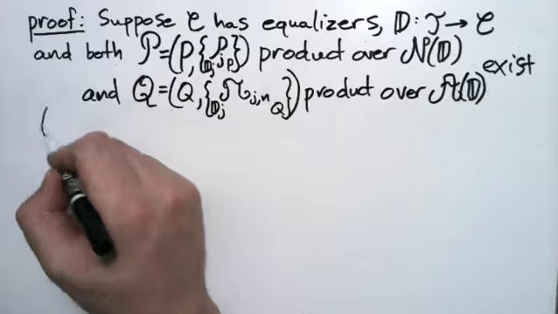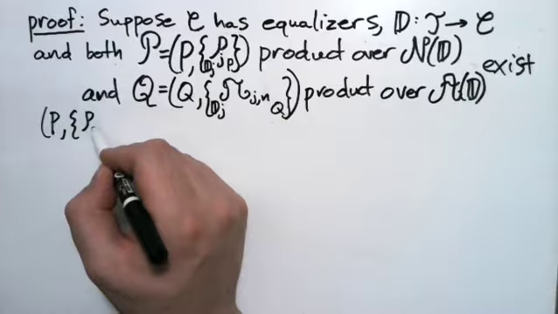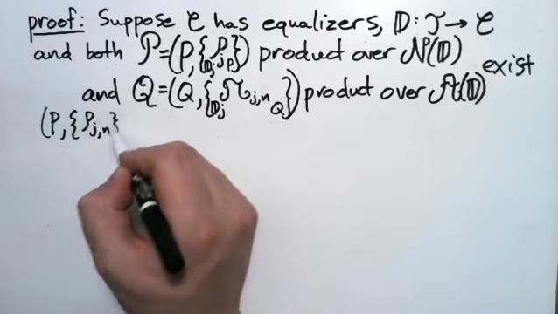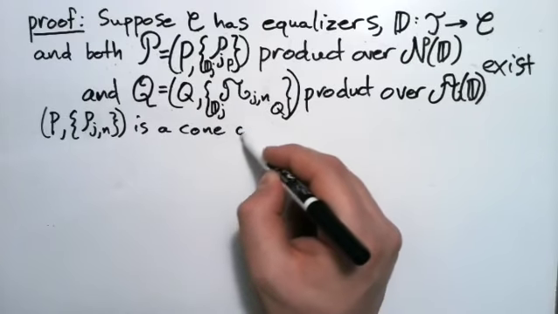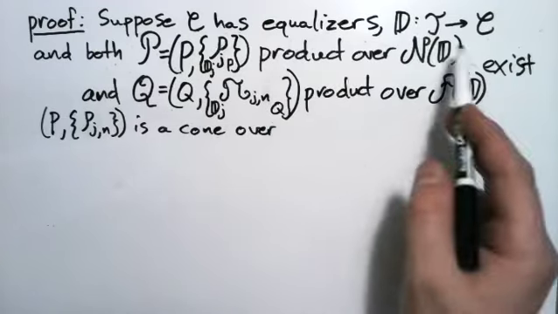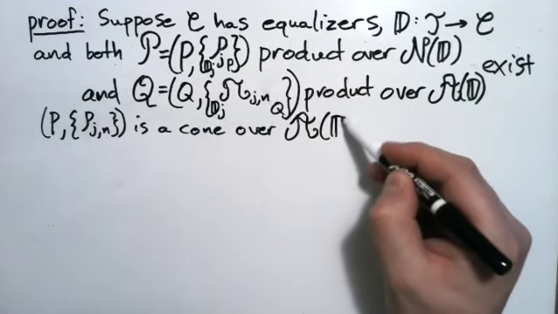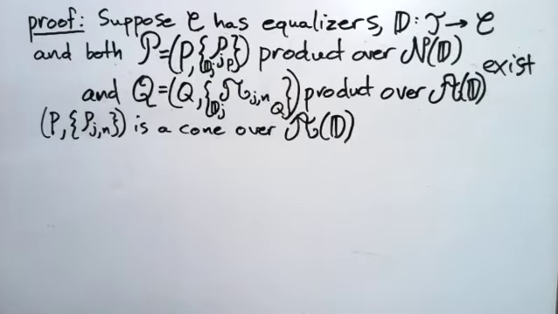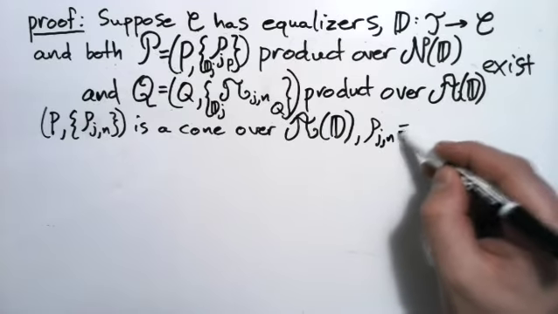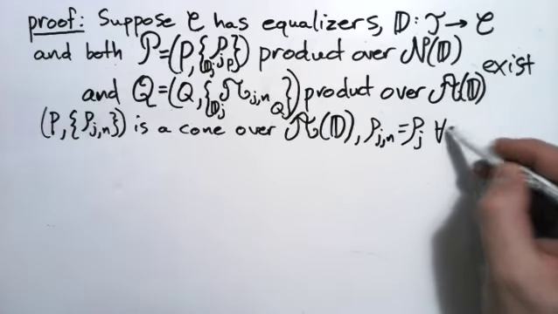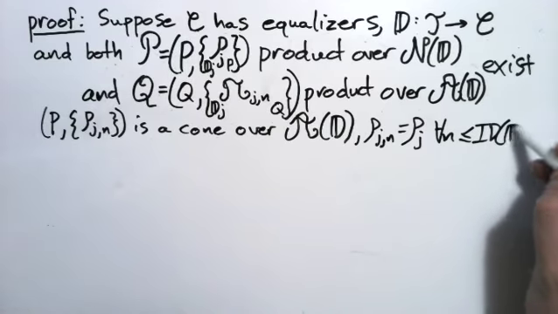We can say that P and rho jn is a cone over A of D, and where rho jn is just equal to rho j for all of the n less than the in-degree of dj.